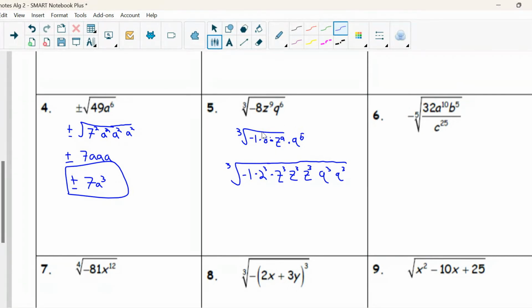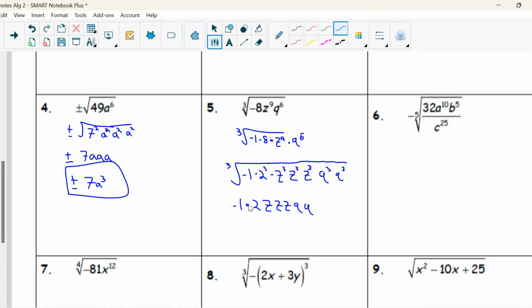Since we have an odd index, we can have a negative number. So the cube root of negative 1 is really just negative 1. The cube root of 2 cubed is just 2. And then we just take away all of our exponents.